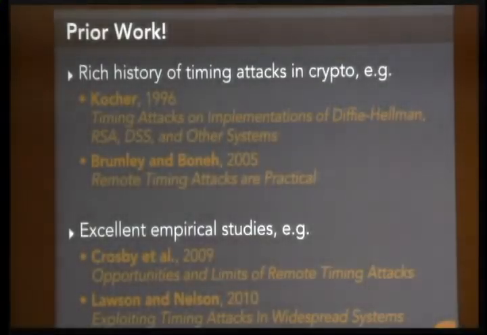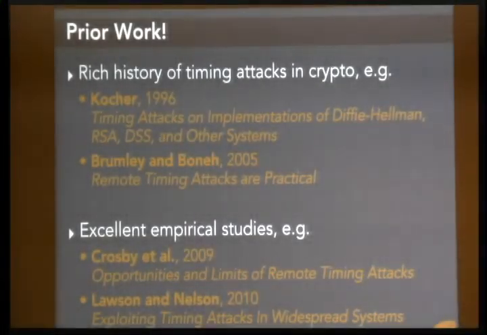And we are obviously not the first people talking about this. This comes mostly out of the crypto community originally. The work by Kocher was on RSA and Diffie-Hellman, showing how timing attacks are possible on these kinds of systems. And the first remote attacks were done by Brumley and Boneh on OpenSSL. More recently, there is empirical work which we build on a lot, by Crosby et al. and Nate Lawson and Nelson.